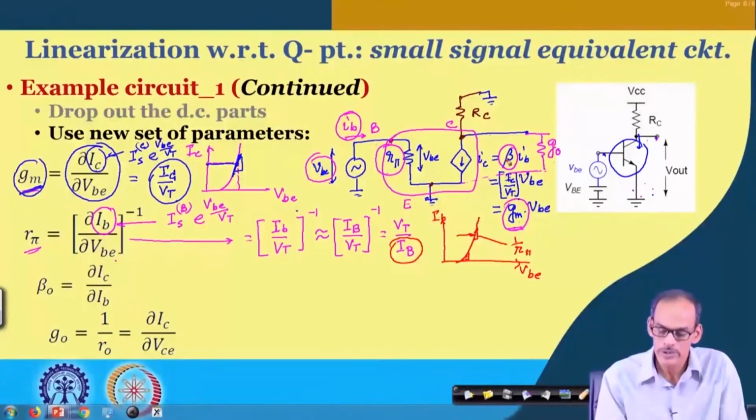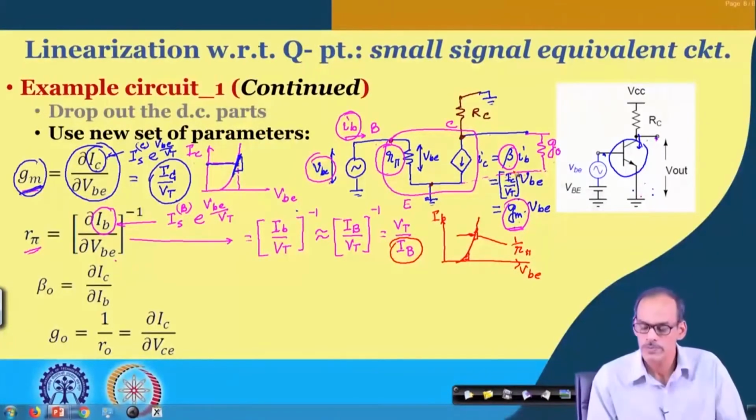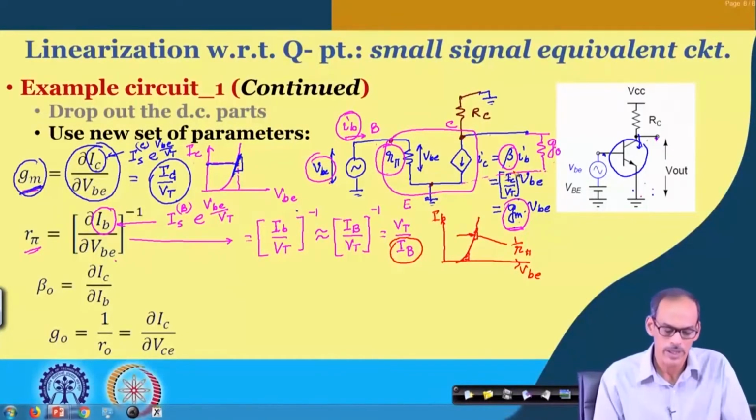Likewise, the other parameter, namely beta naught. Of course, sometimes we assume this beta naught is, quote and unquote, close to or equal to beta F, but strictly speaking it has its own definition.